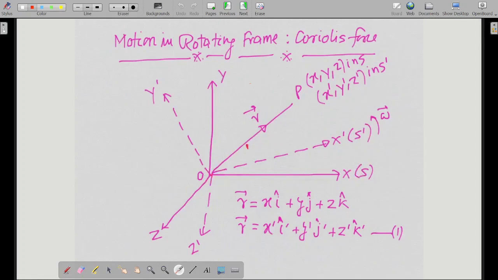As the origin is the same, this vector r will be the same for both frames. So you have already seen that r equal to x i cap, y j cap, z k cap, and r equal to x prime i cap prime, y prime j cap prime, z prime k cap prime.